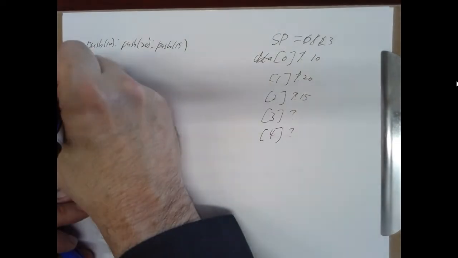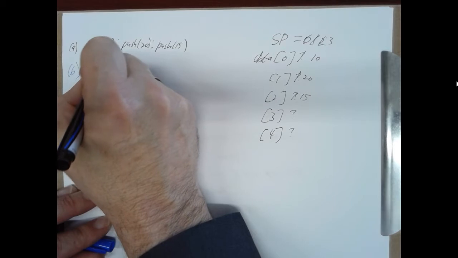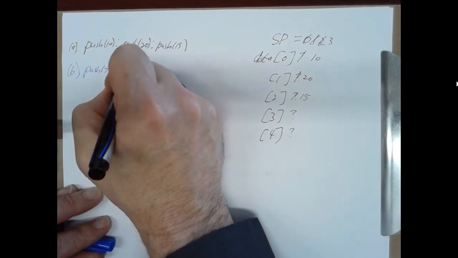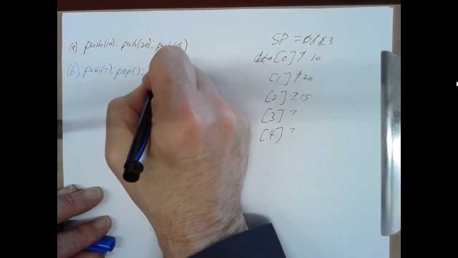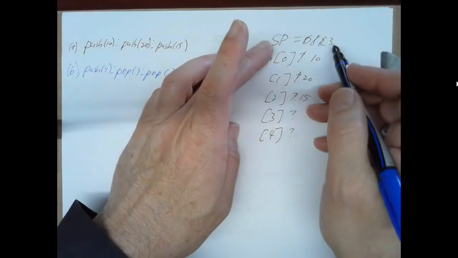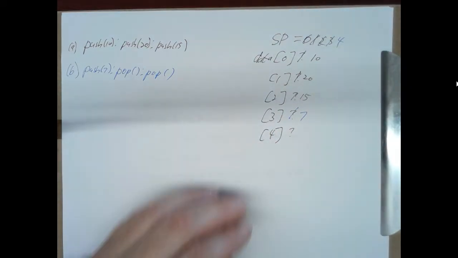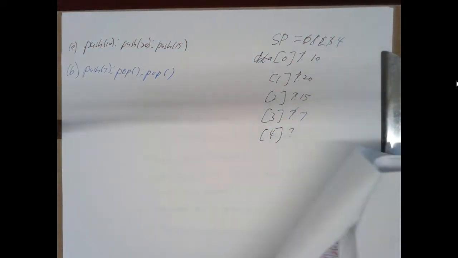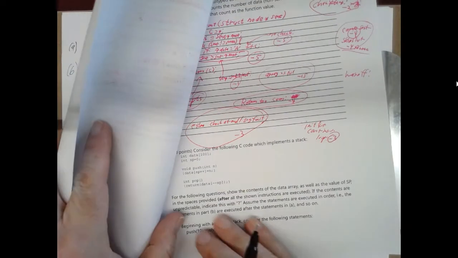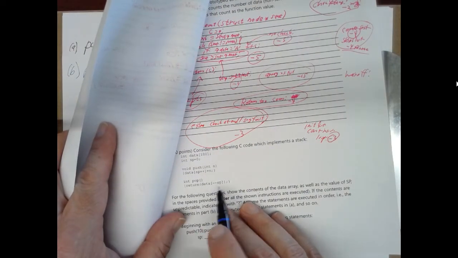All right, part B says push 7 and then do 2 pops. When we push 7, we'll store 7 at the index given by SP, which is 3, so this becomes a 7. SP gets incremented to 4. And then pop, remember, decrements the stack pointer and returns the value from the data array.